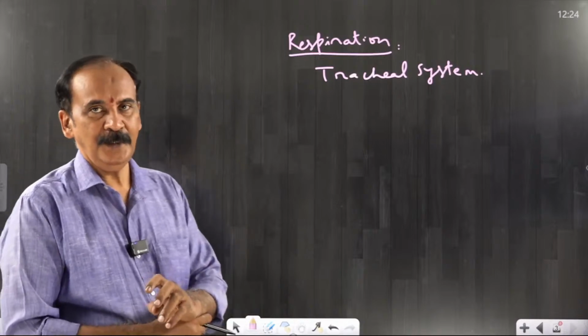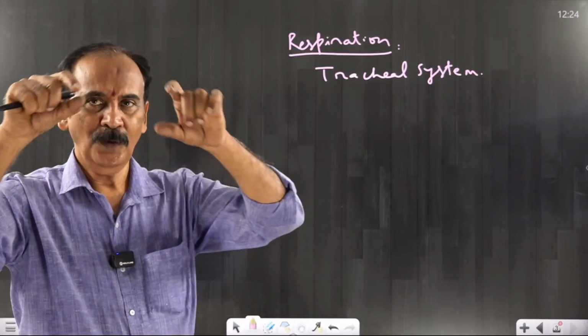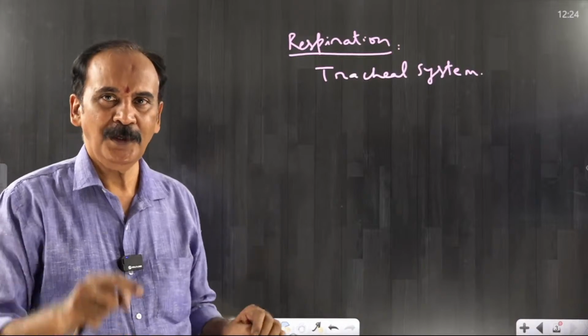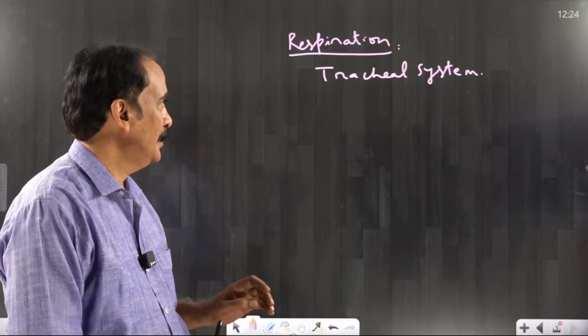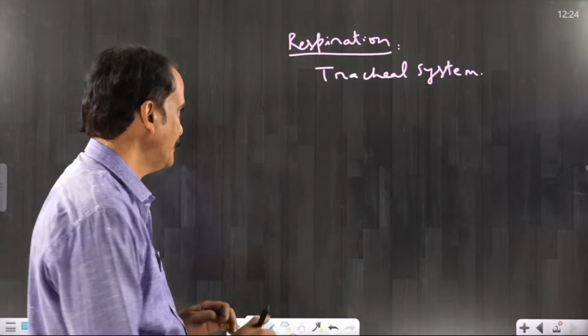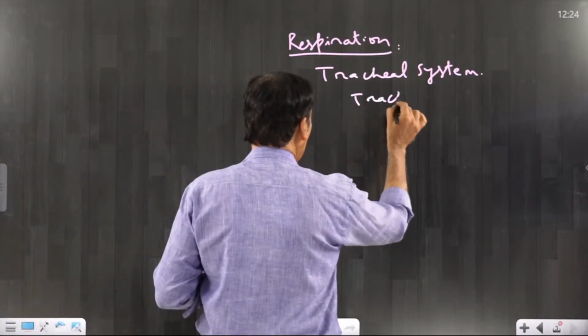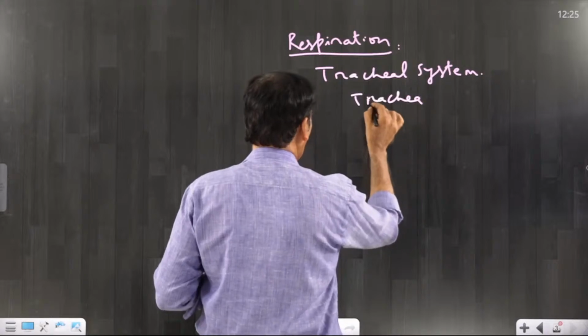Respiration is carried out with the help of the trachea. The trachea are long tubes lined by cuticle, which extend almost to all regions in the body. So details are not given in the NCERT.